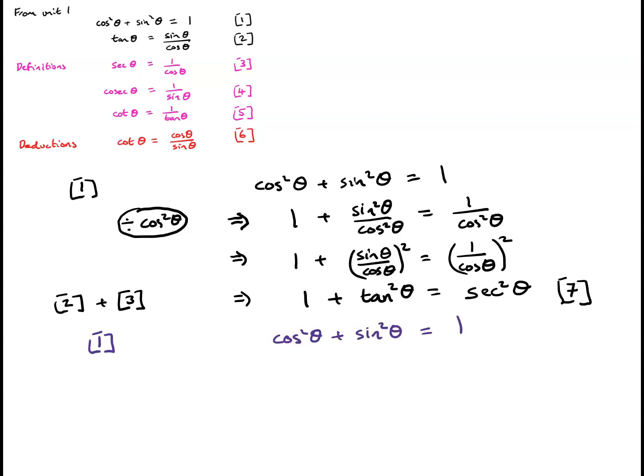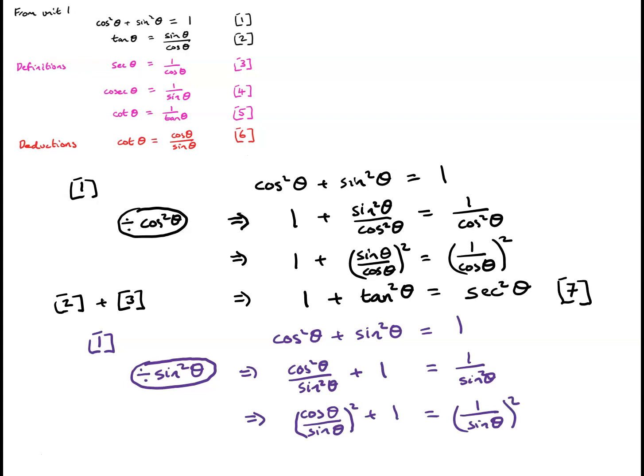Returning to equation 1 again, but this time dividing through by sine squared theta, will give me cos squared theta divided by sine squared theta plus 1 equals 1 over sine squared theta. In other words, I've got cos theta over sine theta all squared added to 1 must equal 1 over sine theta all squared.